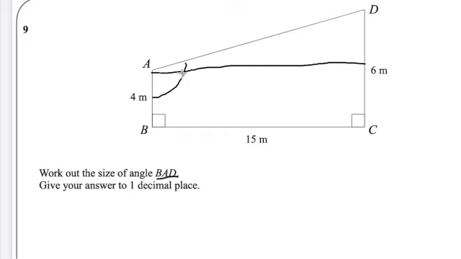You can label it. We're trying to find every side of the triangle now to work out that angle. So you do 6 minus 4 to get 2 to find that top bit, because the whole thing is 6 and that little bit is 4, so the rest is 2. You write out SOHCAHTOA.